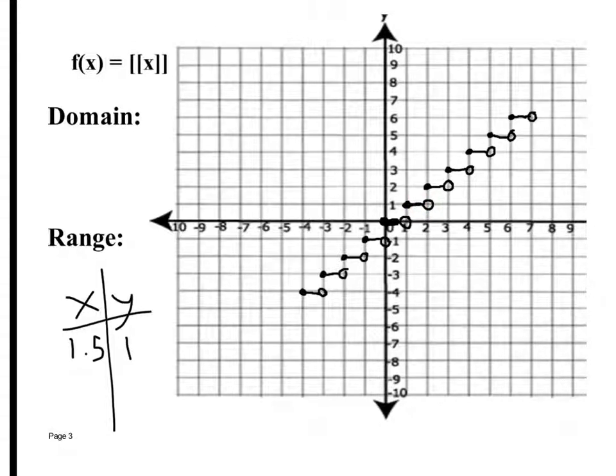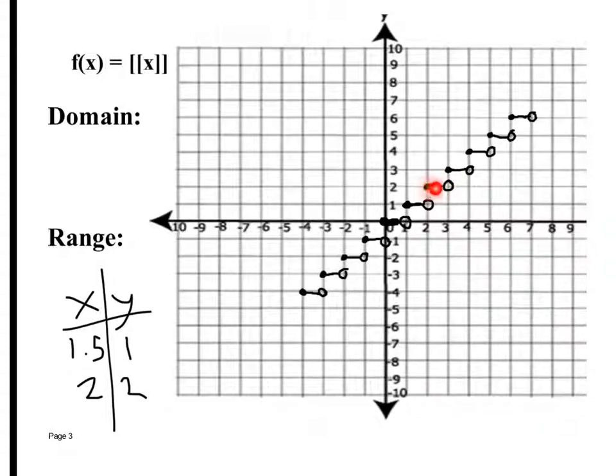Now if I put 2, what is the greatest integer closest to 2 without going past it? 2. So once it gets to 2, see how that's a closed circle? Because that's where it begins. Anything up to 3 is going to be a y of 2.